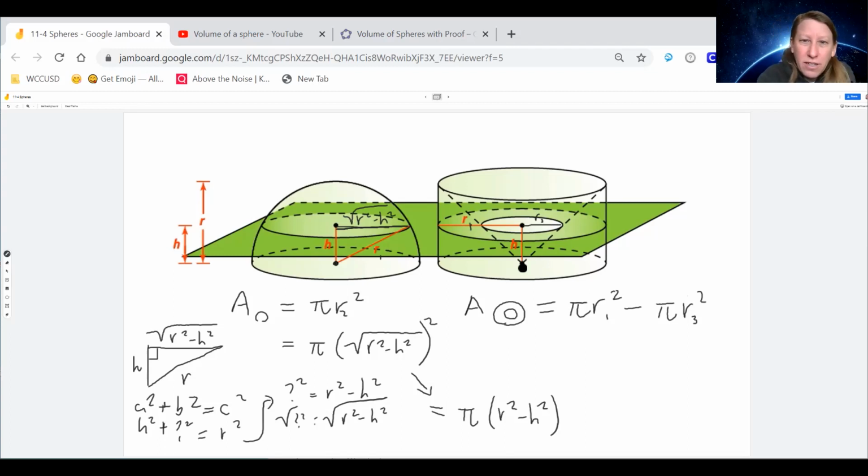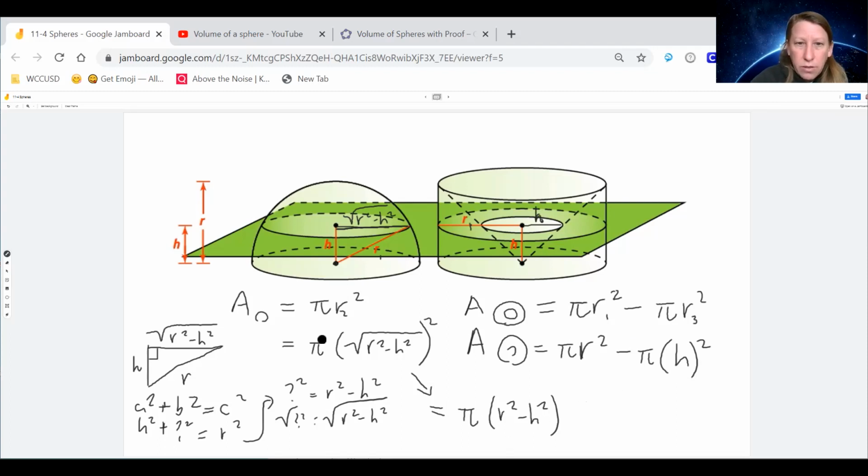Okay, so here's the magic. Here's where the magic happens. The pi r squared minus pi, what's the radius I just told you? I told you it's h. I told you that this little radius is the same as the height going up.